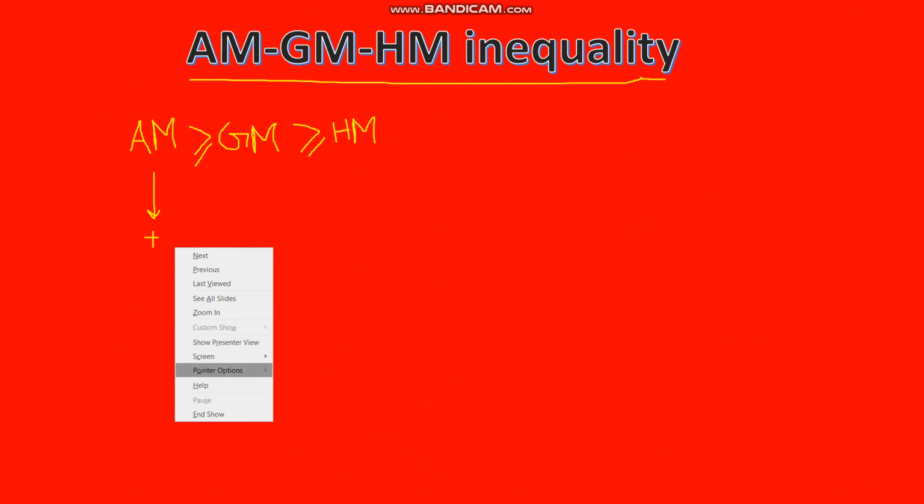Then, A plus B by 2, this is the AM for 2 terms, which is greater than or equal to the GM for 2 terms, root AB, and then it is greater than or equal to the HM for 2 terms, which is 2 by (1 by A plus 1 by B). This is the HM.